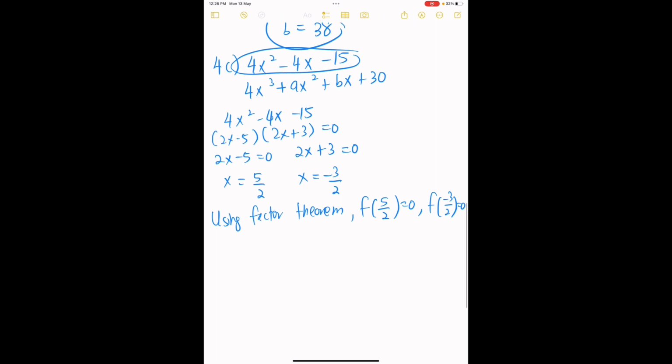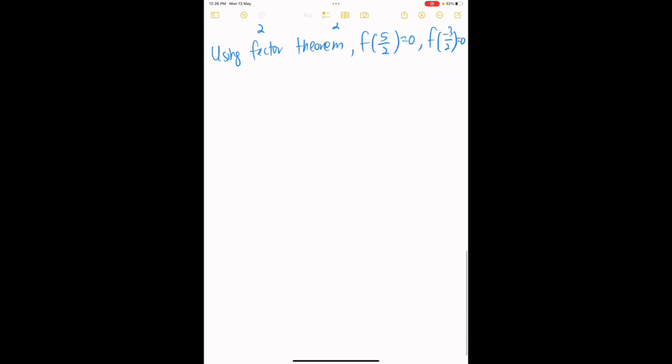So you can find the value of A and B here by first substituting 5 over 2 inside the equation. So the function 4x cubed plus ax squared plus bx plus 30 equals 0.